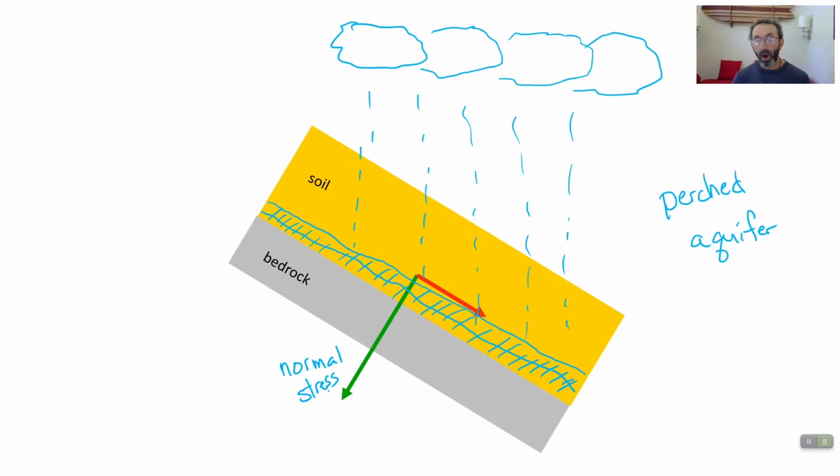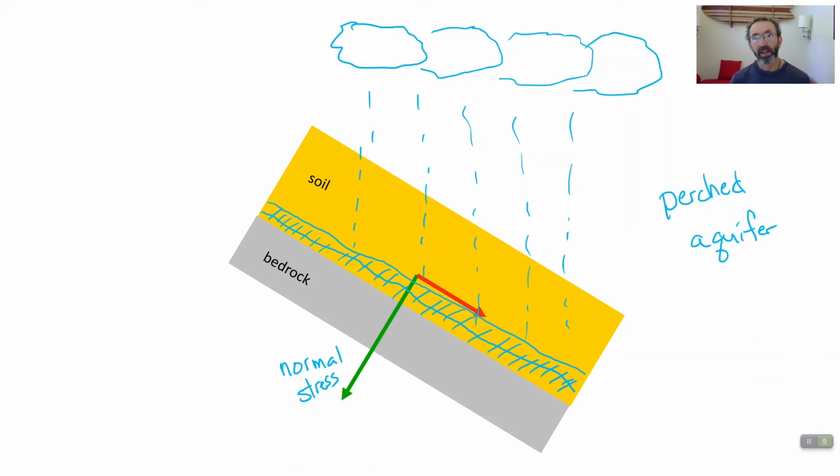And this is because water has a buoyancy effect. So, for example, if you were to try to pick up a 50-pound rock on land, you might think that it's kind of heavy. But if you put that rock in water, say at the bottom of a pool or at the bottom of a river, it's much easier to pick up.